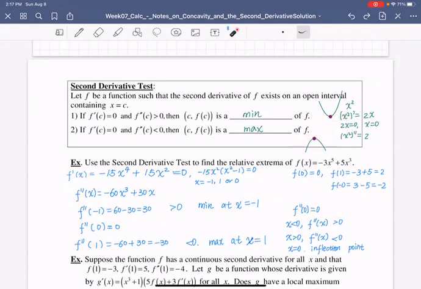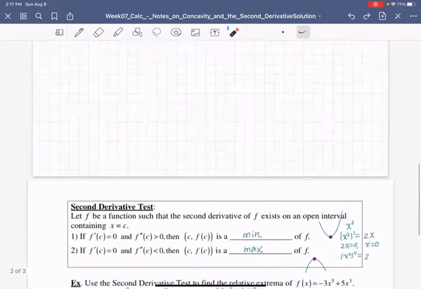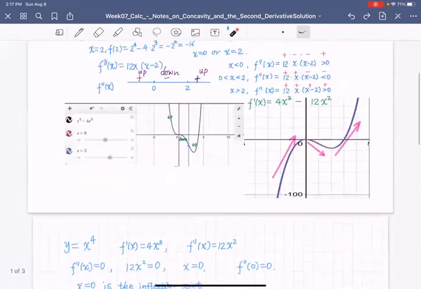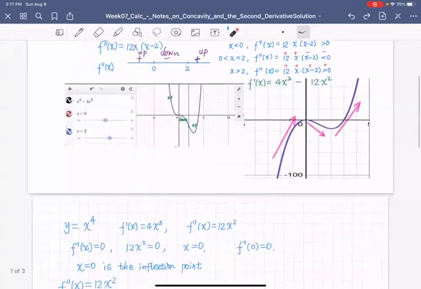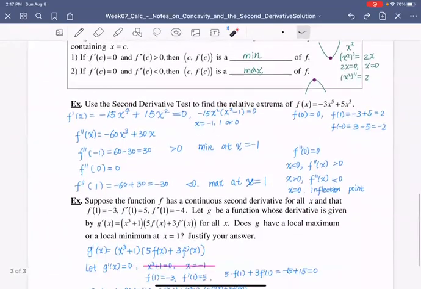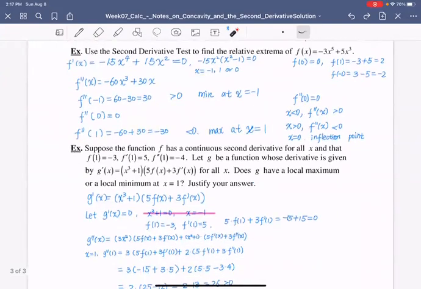This question is not asking for your inflection point. If they ask you for inflection points, of course, you do the second derivative, make it equal 0, and find your x. But this question is asking for the local min or local max, so you take the first derivative and make it equal 0.